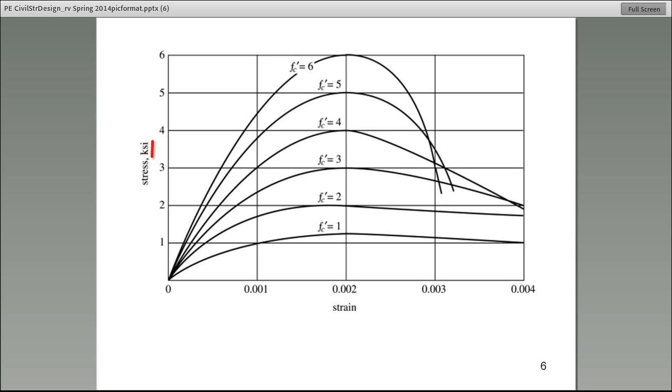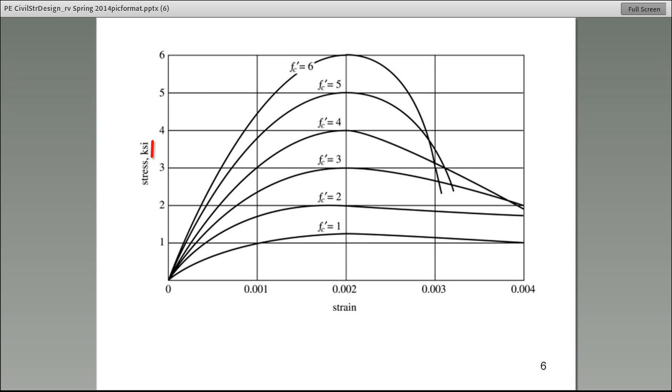Several of you are making some predictions here. Stephen says the highest stress occurs where the strain is 0.002. And Ryan says the same thing in a different way: stress peaks where strain is 0.002.